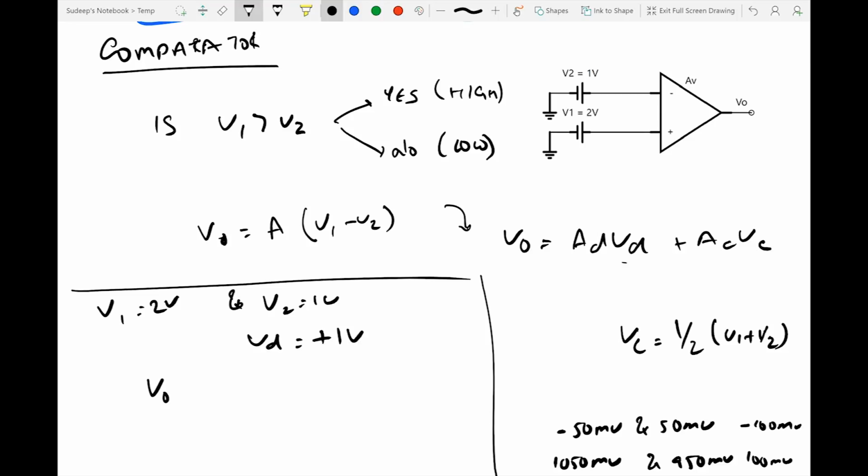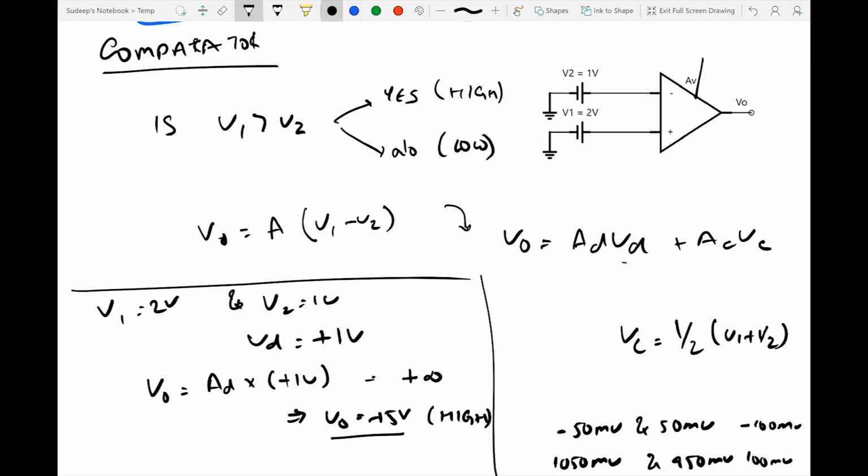So the output V0 would be a very large number, Ad into plus 1 volt, which would give us a very high positive value, close to positive infinity, because Ad is close to infinity, which is not possible because of output saturation. So we would get V0 is equal to Vcc, the positive voltage that we're getting. Let's say that is 5 volts. So we would get an output of plus 5 volts, which is what we are saying is a logic high.